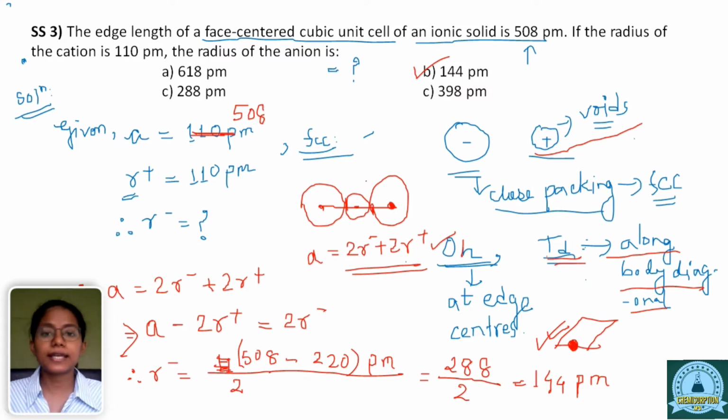I'm explaining it once again. The question is very simple. It mentions that the edge length of the unit cell is 508 picometer and it is an FCC structure. The anions are bigger in size and they form the close packing structure, so they form the FCC structure. They occupy the corners as well as the face centers.